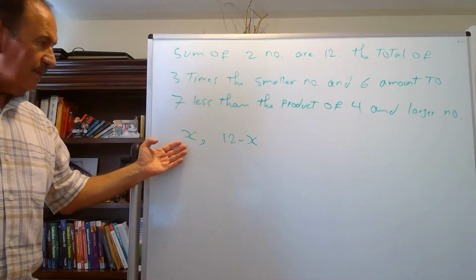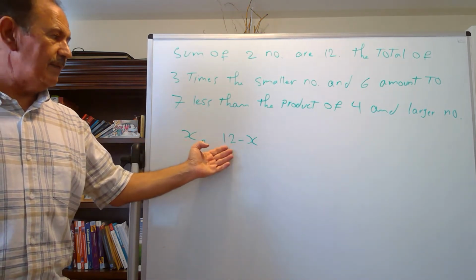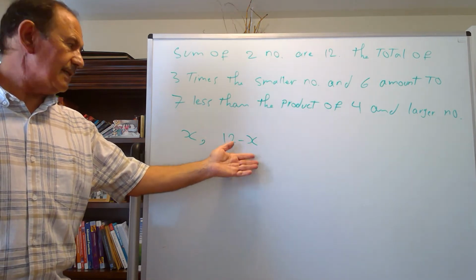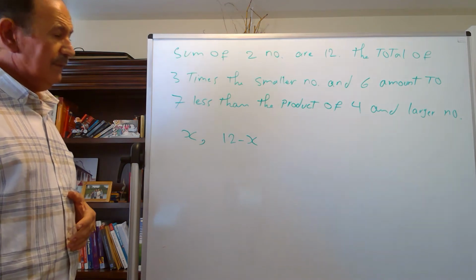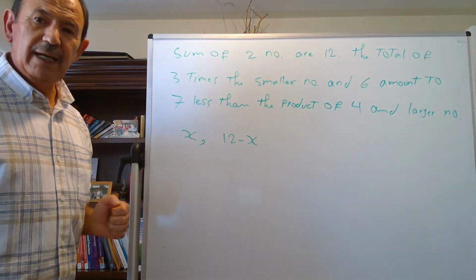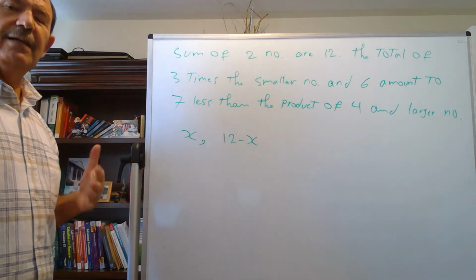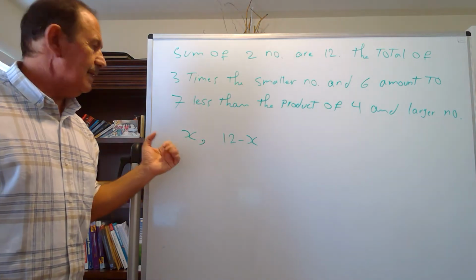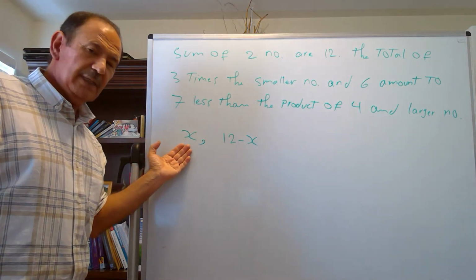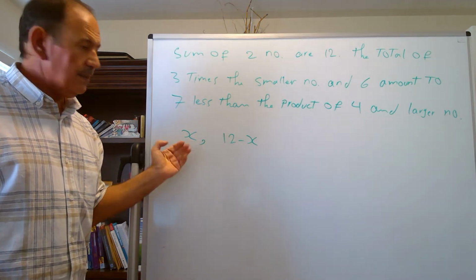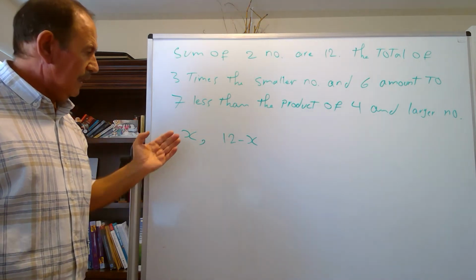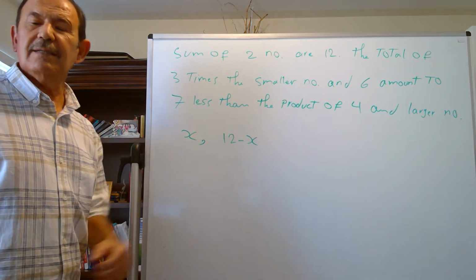If the first one is 5, as an example, the other one is 12 minus 5, which is 7, and 7 plus 5 is 12. In the next chapters, when we learn working with two-variable expressions, it's going to be much easier. But in this case, we just use this. One of them is x, the other is 12 minus x, because the sum of these two numbers should be 12. x plus 12 minus x is 12.